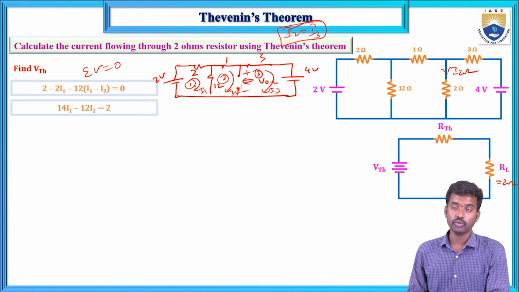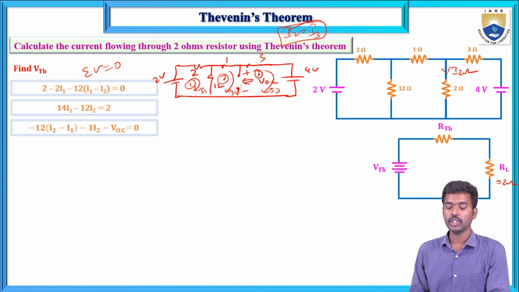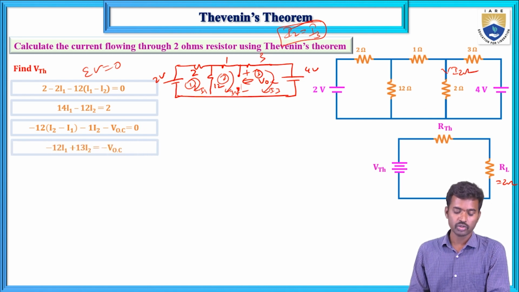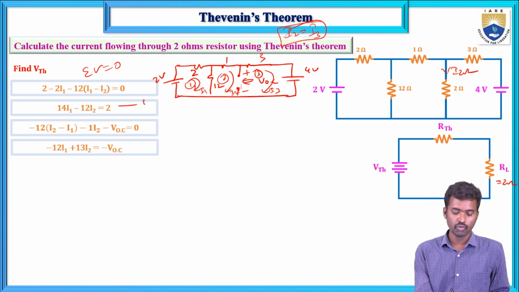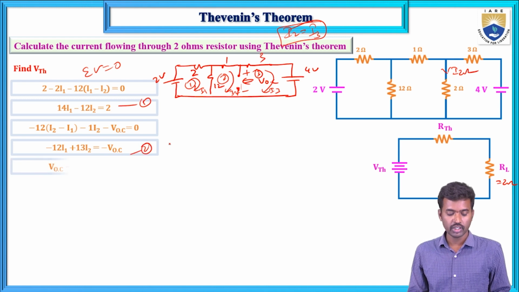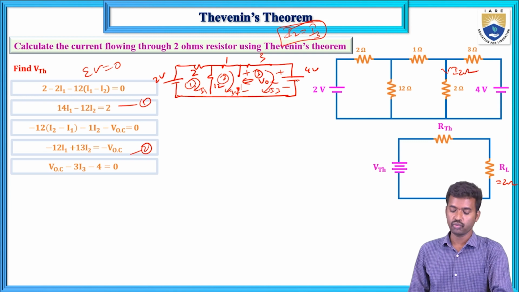The simplified equation is 14 I1 minus 12 I2 equals 2. For the second mesh: minus 1 into I2 minus 12 into (I2 minus I1) minus VOC, giving minus 12 I1 plus 13 I2 equals minus VOC, equation number 2. The third equation has plus VOC minus 3I3 minus 4 volts.